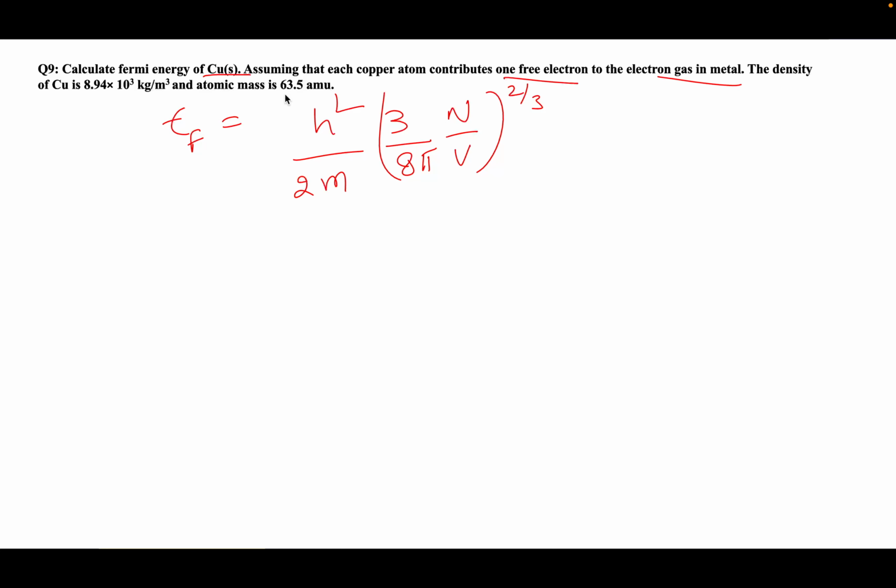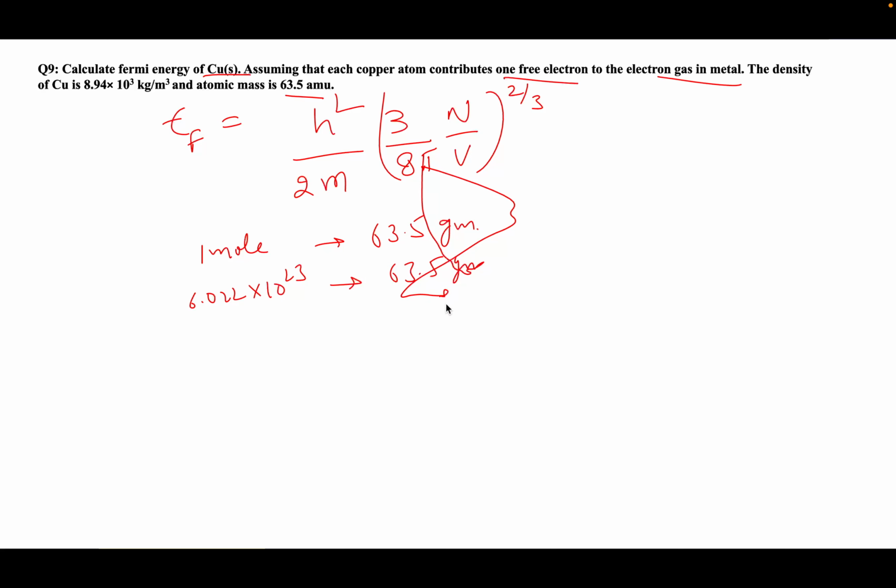The atomic weight is given, this is 63.5 AMU. So this is gram per mole, you can consider. For 1 mole, the mass is 63.5 gram, that is, 6.022 into 10 to the power 23 particles have 63.5 gram mass. So what will be the mass of one atom?